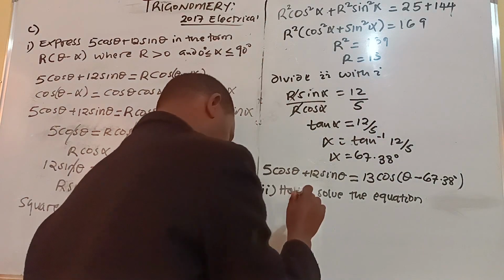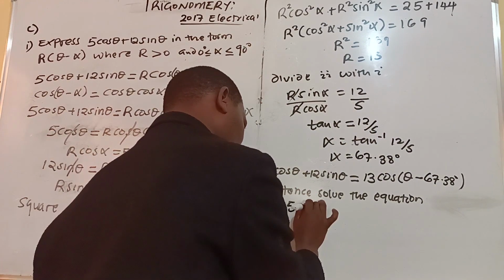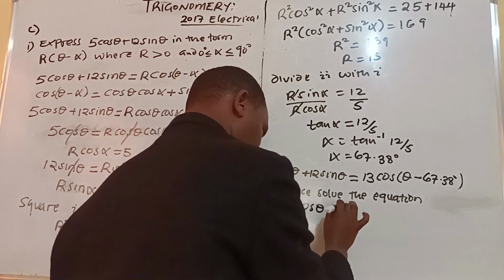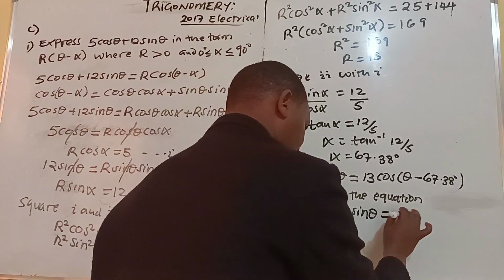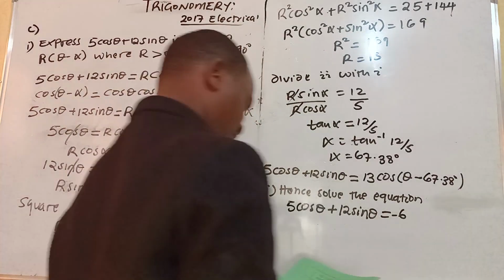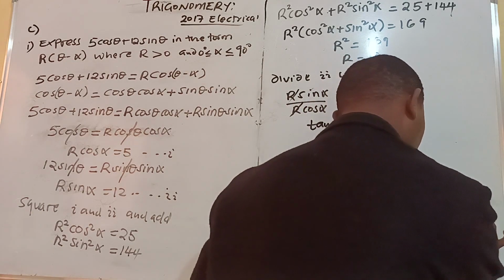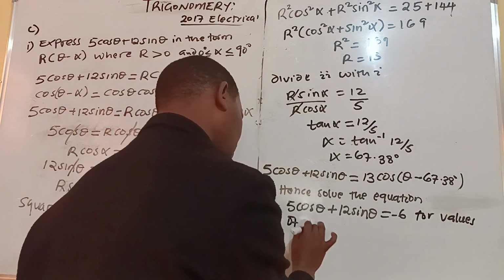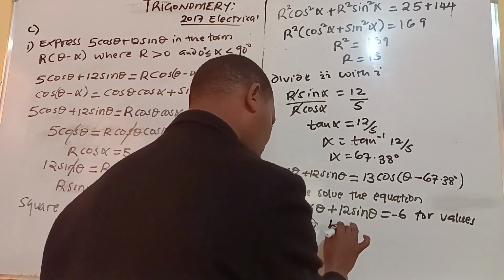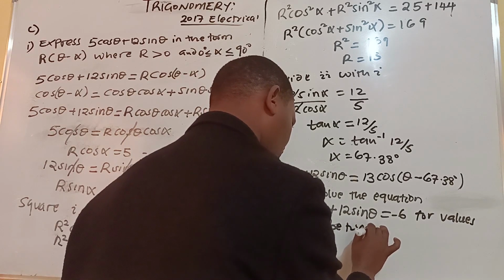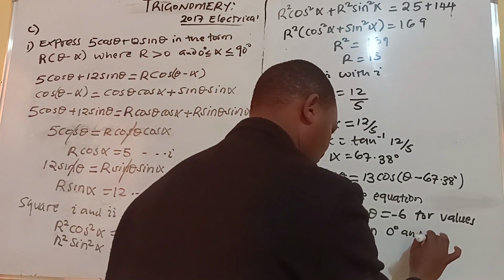Hence solve the equation 5 cos theta plus 12 sin theta is equal to minus 6, for values of theta between 0 degrees and 360 degrees.